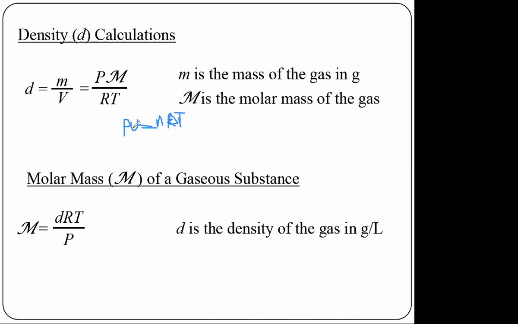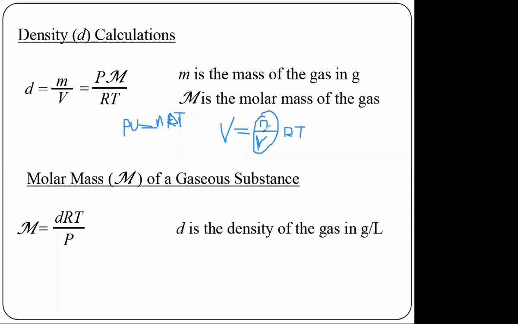Now, if we make V the subject of formula, then we'll have volume equal to N R T over P. Now, you know that M over V is the concentration, number of moles over volume.